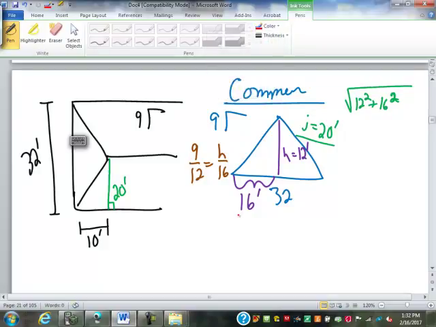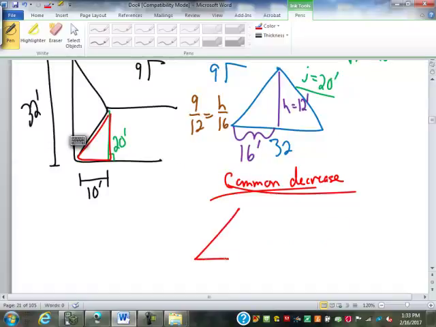Now I'm ready to jump right into finding the common decrease. On the common side, I've got this triangle here. There's 20 and 10.